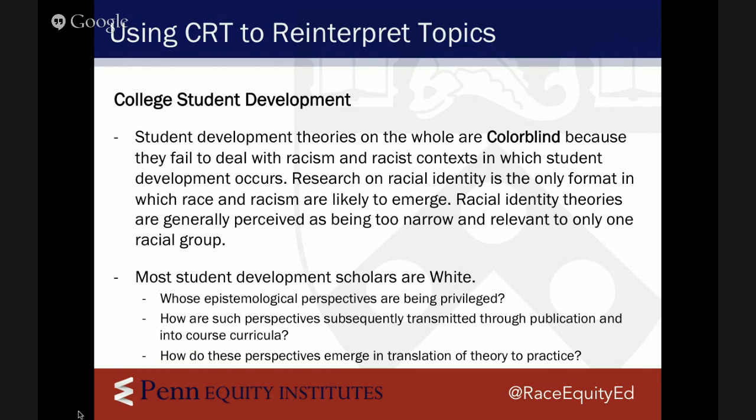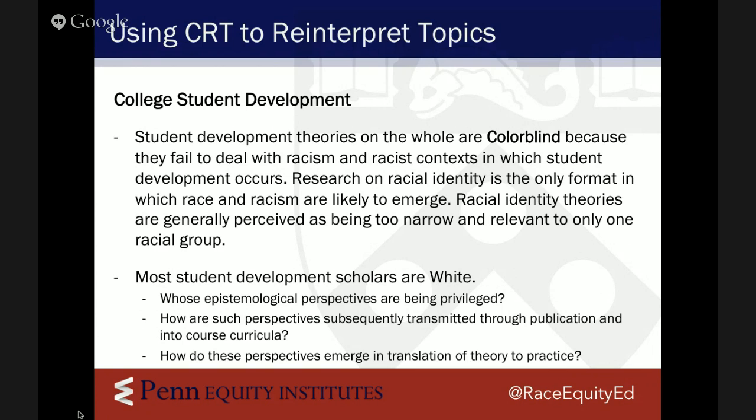And so when we look at who writes student development theory, a huge majority of those scholars are white. And so you have to ask whose epistemological perspectives are being privileged, how those perspectives are subsequently transmitted through publications and in course curricula, and how they emerge in the translation of theory to practice.